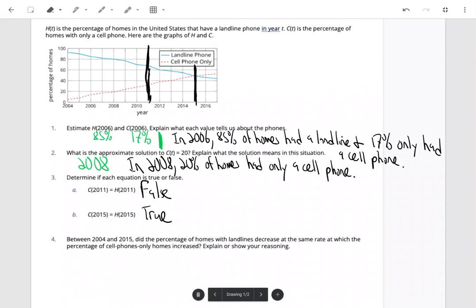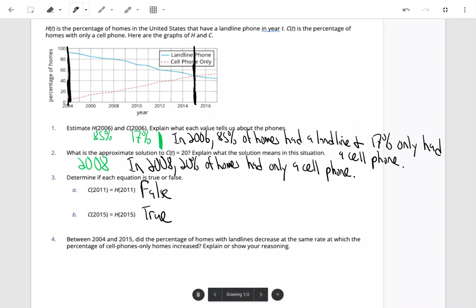Okay. Number 4, between 2004 and 2015, so let me mark that on the graph. 2004 is here, okay, and 2015 is here.